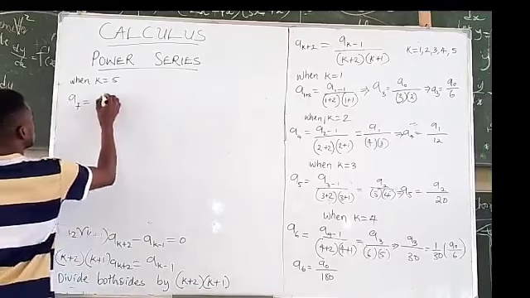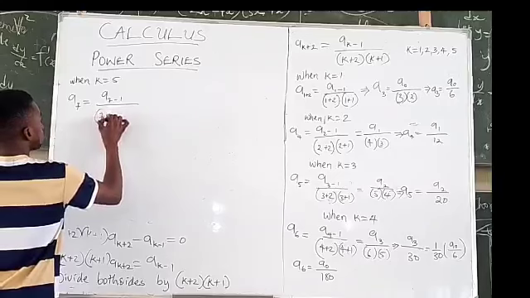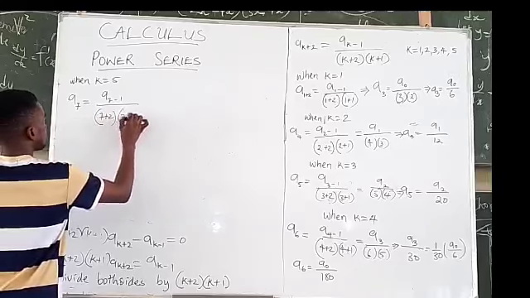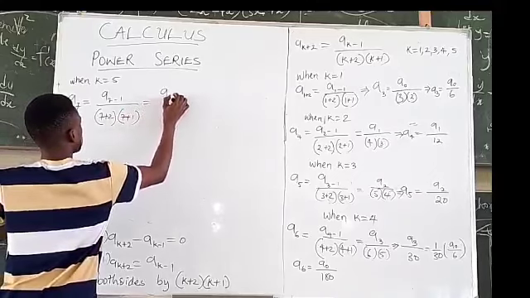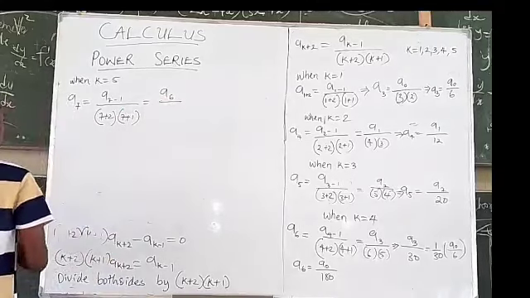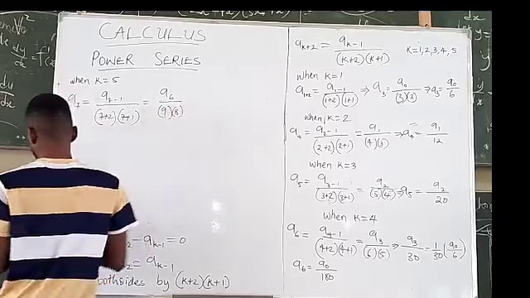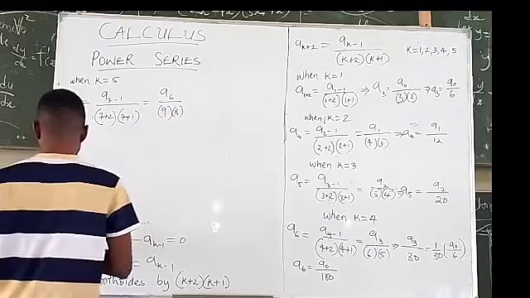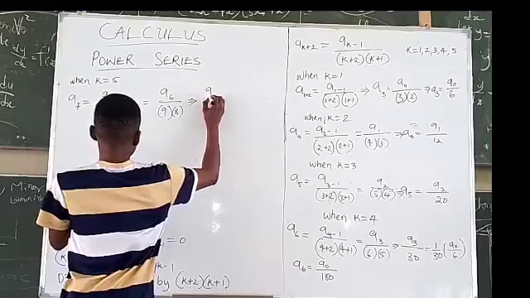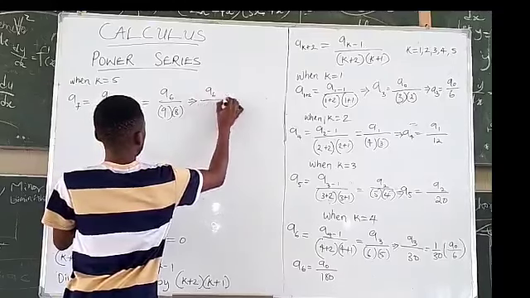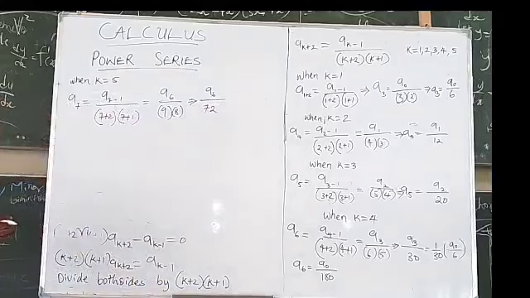A7 becomes A7 minus 1 all over 7 plus 2, 7 plus 1. This becomes A6 all over 9 times 8. It becomes A6 all over 72.